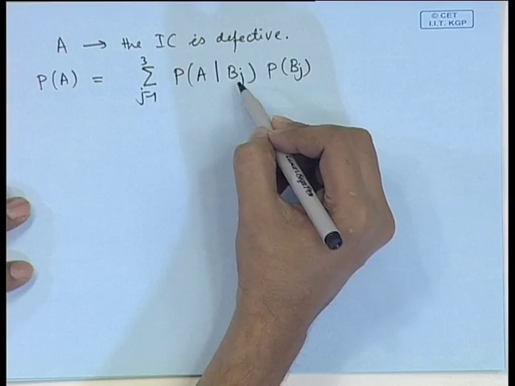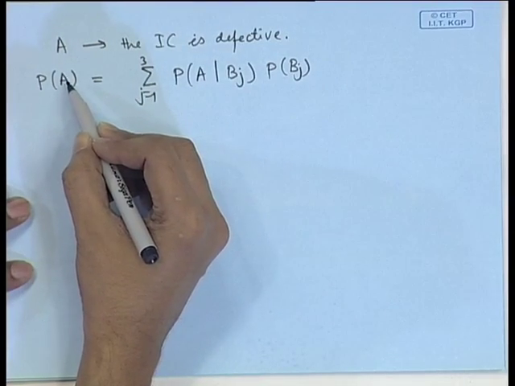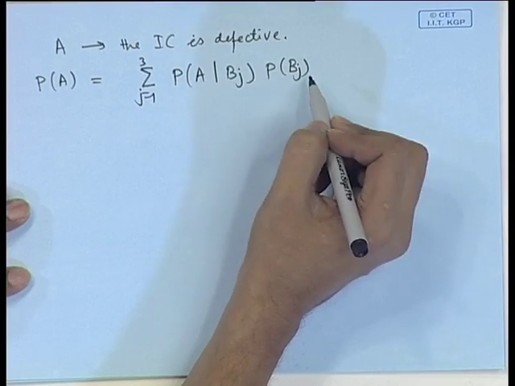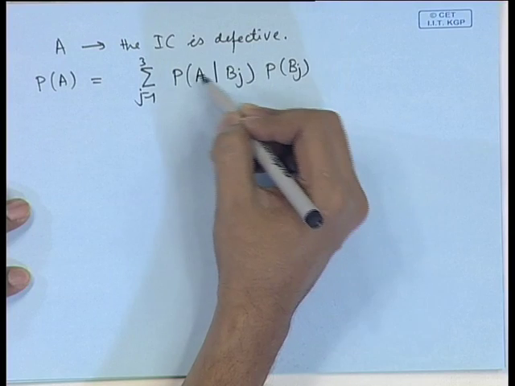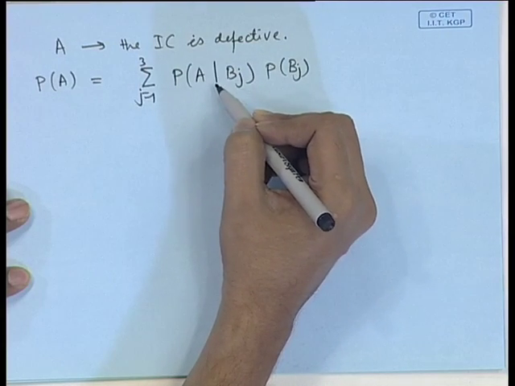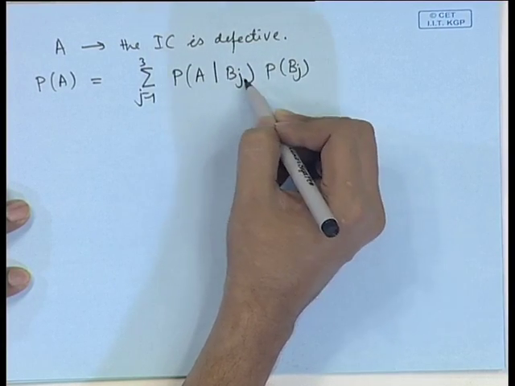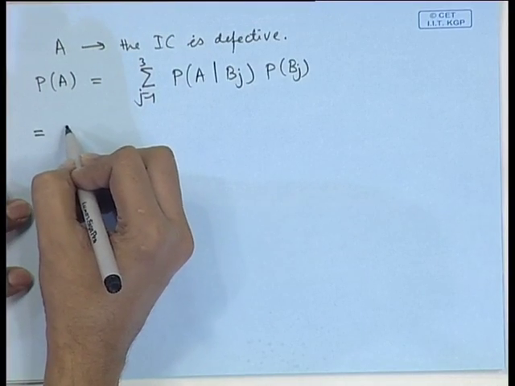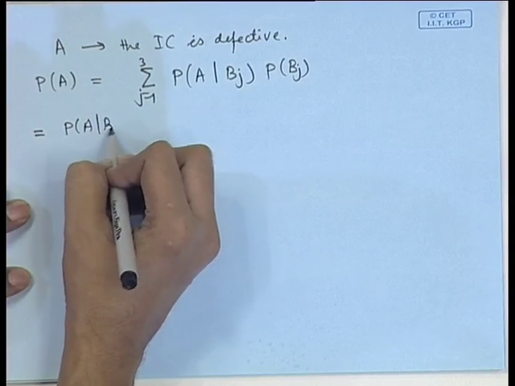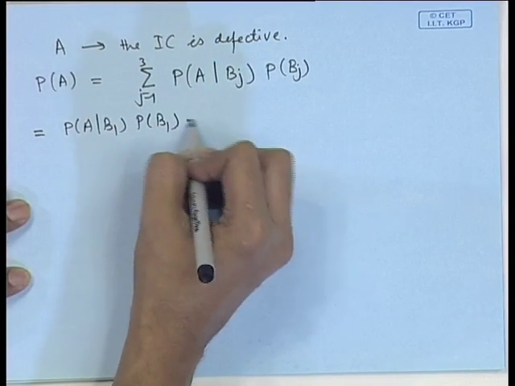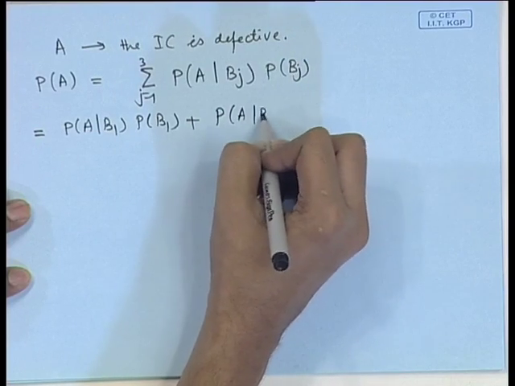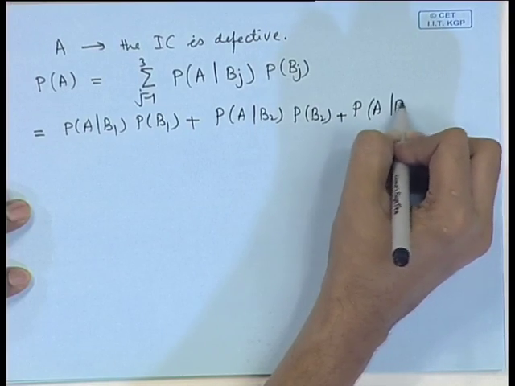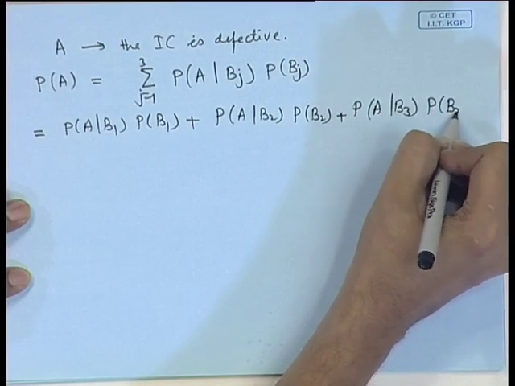That means, since the IC could have come from either first supplier, second supplier or the third supplier, the probability of it being defective is dependent upon who supplied that. So, this becomes probability of A given B 1 into probability of B 1 plus probability of A given B 2 into probability of B 2 plus probability of A given B 3 into probability of B 3.